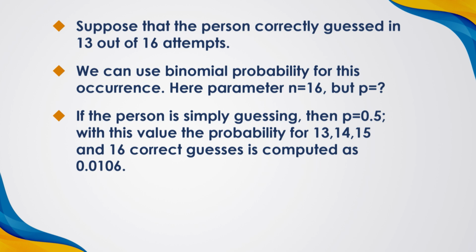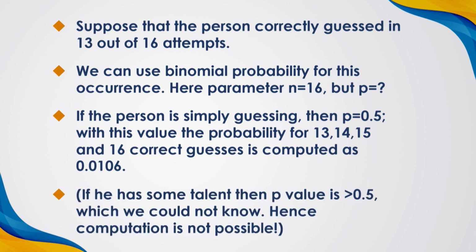With this value, the probability for 13, 14, 15 and 16 correct guesses is computed as 0.0106, less than 0.02. If he has some talent, then the p value is more than 0.5, which we could not know. Here the computation is not possible.